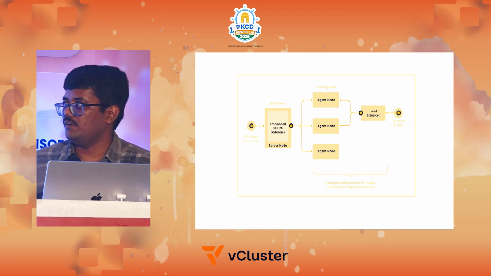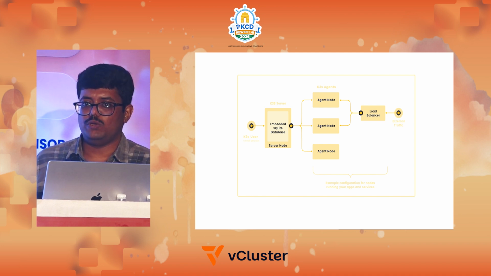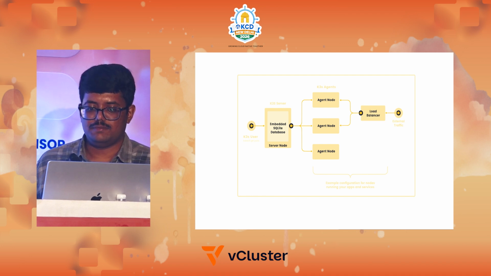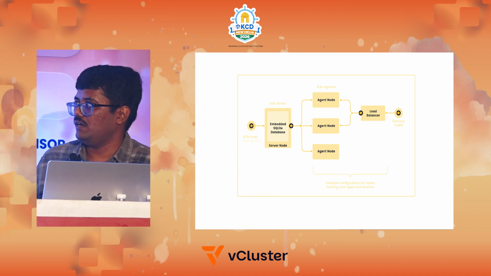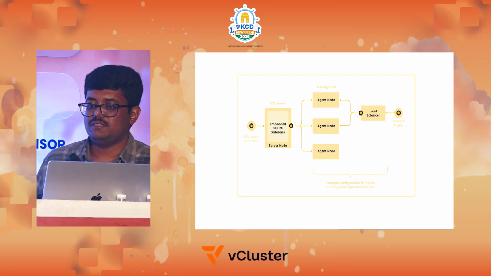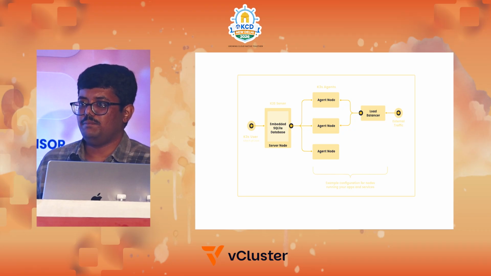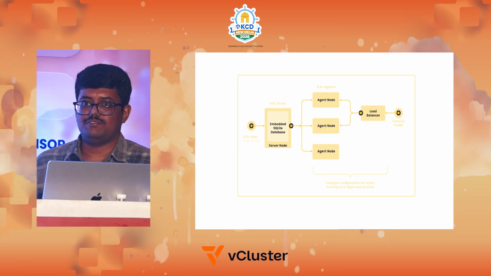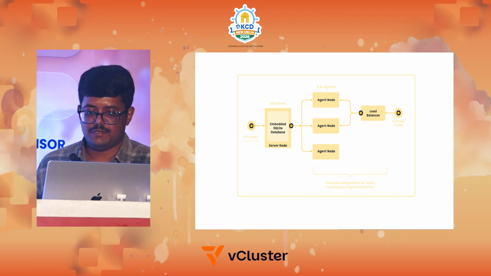But in the case of K3s, you use SQLite as the state database. Then all the other worker nodes that are part of my cluster, I had them as agent nodes, which run in agent mode and just have the container runtime and the networking proxy to handle all the runtime and networking related requirements.